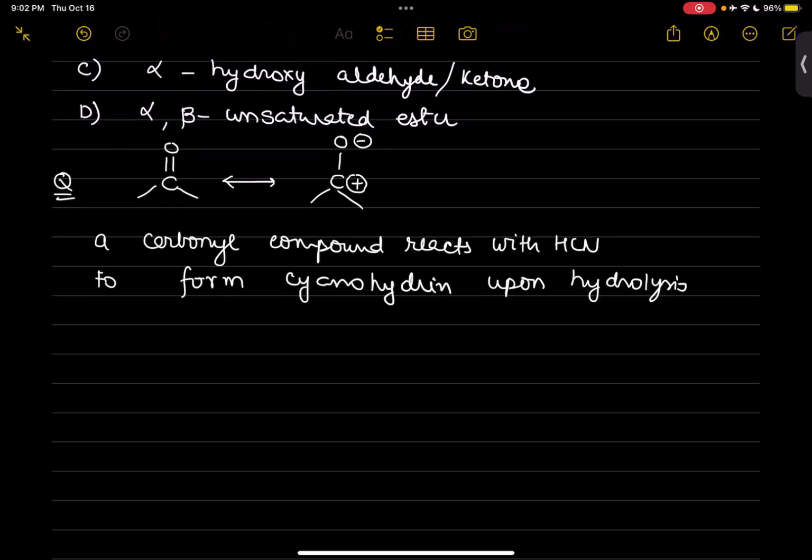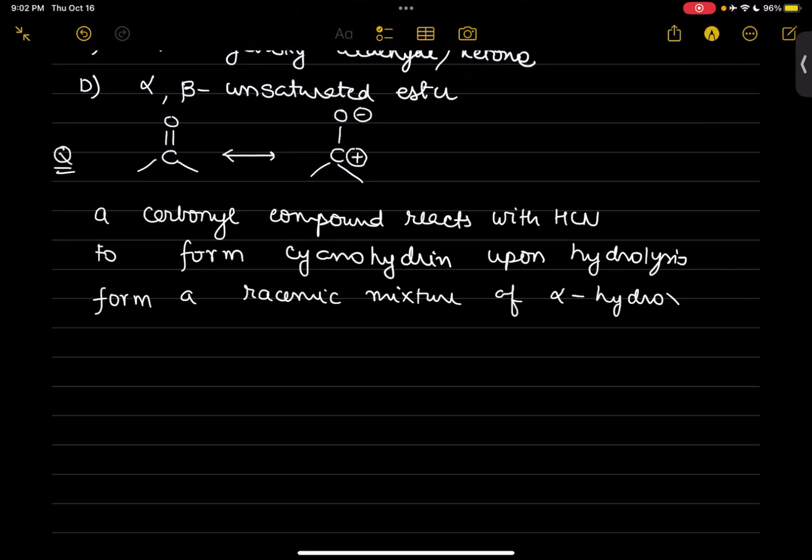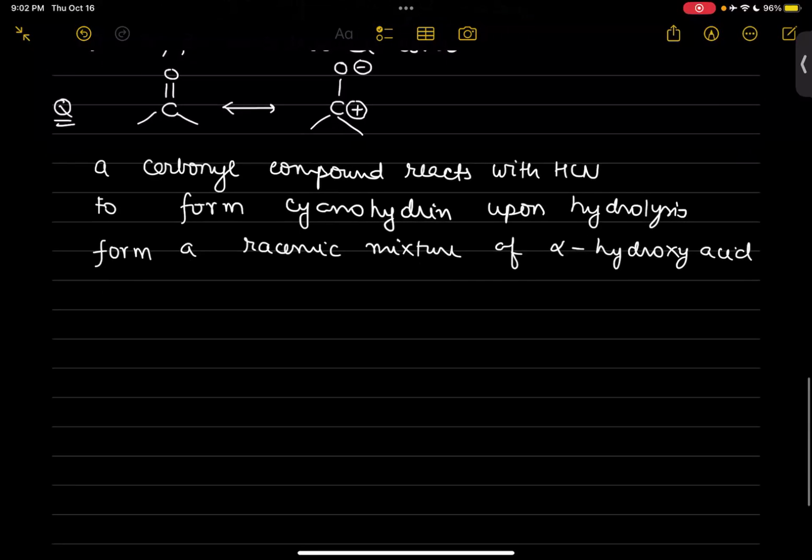Question says: from cyanohydrin upon hydrolysis, form a racemic mixture of alpha hydroxy acid. What could be the structure of this carbonyl compound?